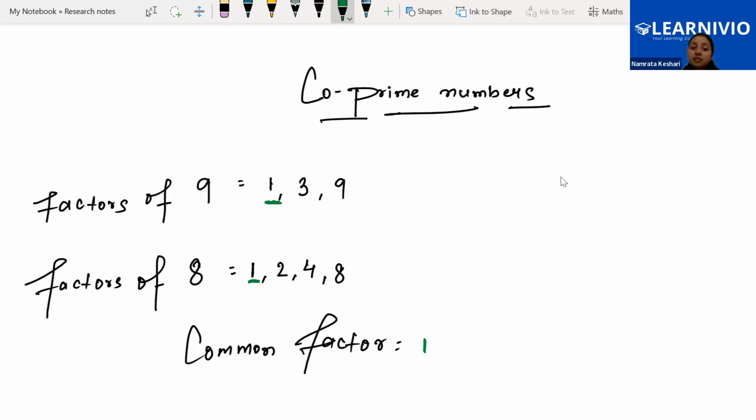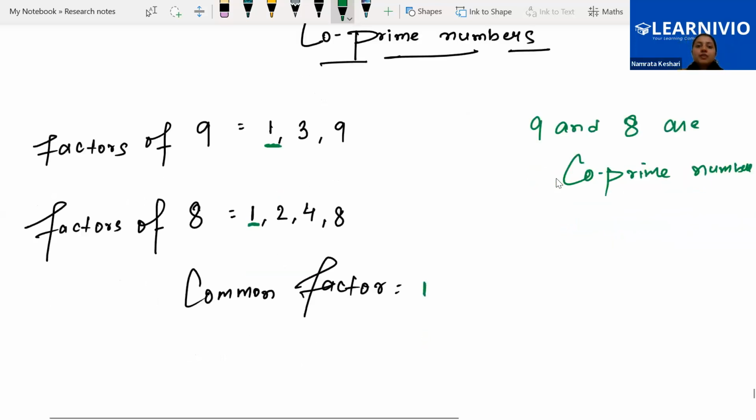If we have such a case where there is no other number apart from 1 which can divide both the numbers, then we will say 9 and 8 are co-prime numbers. Apart from 1 there is no other number which can divide 9 also and 8 also.